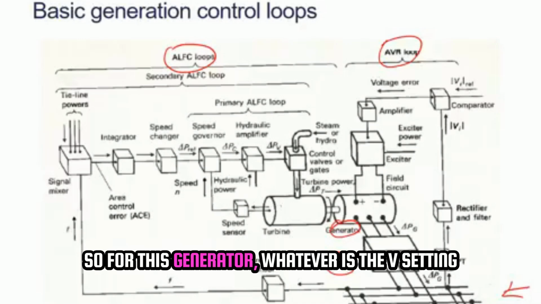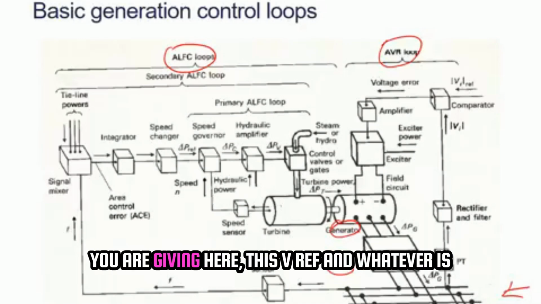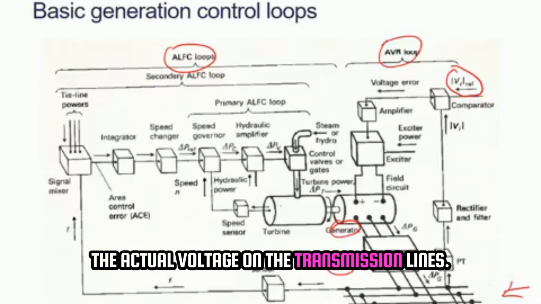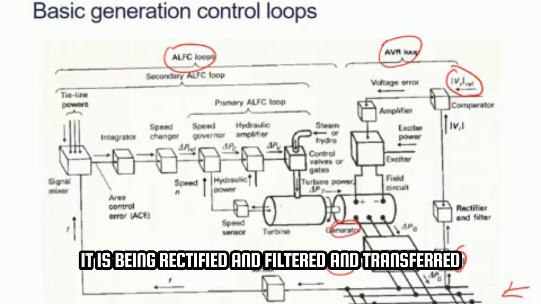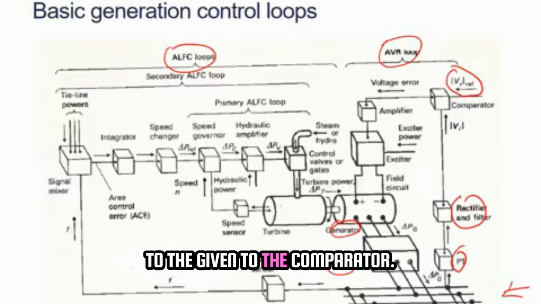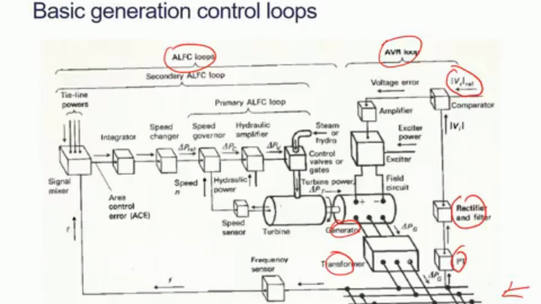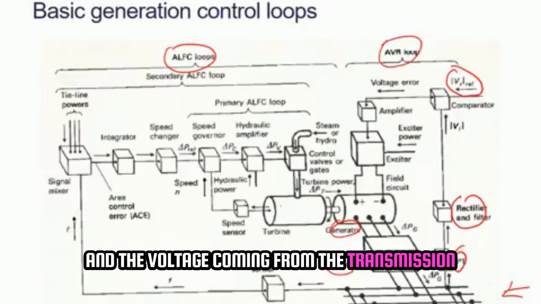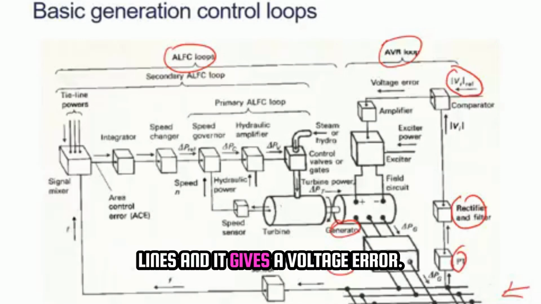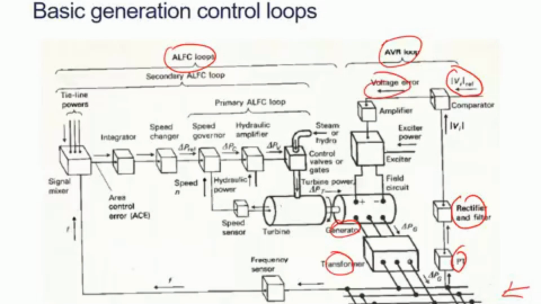For this generator, whatever V setting you give is the Vref, and the actual voltage on the transmission lines is sensed by a potential transformer. It is rectified, filtered and given to the comparator. This comparator compares the set point voltage and the voltage coming from the transmission lines, and gives a voltage error.